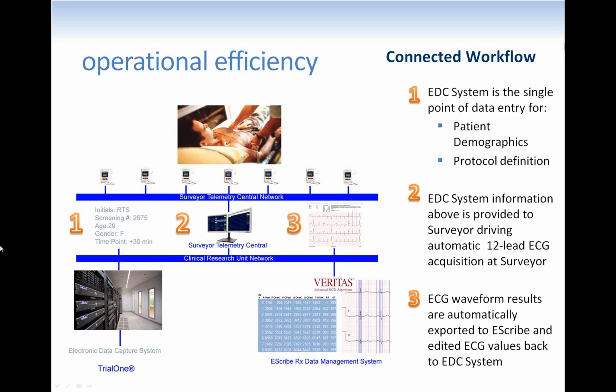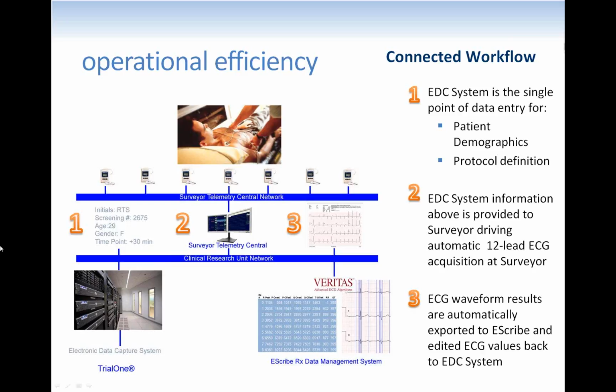And then after that, the eScribe data management system can be viewed for sign-off of the interpretive statements and or interval duration measurements, and then saved and exported right back to Trial 1.